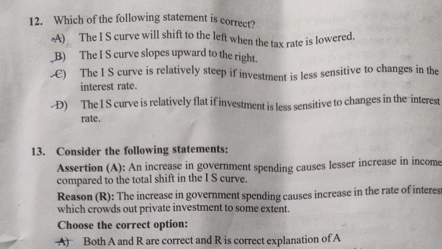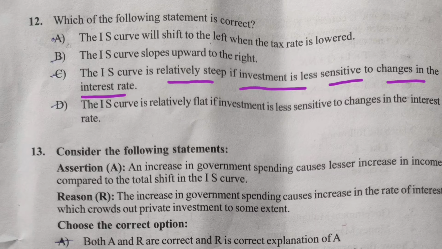C option is the IS curve is relatively steep if investment is less sensitive to changes in the interest rate. Now, what happens if investment is less sensitive to change in the interest rate?